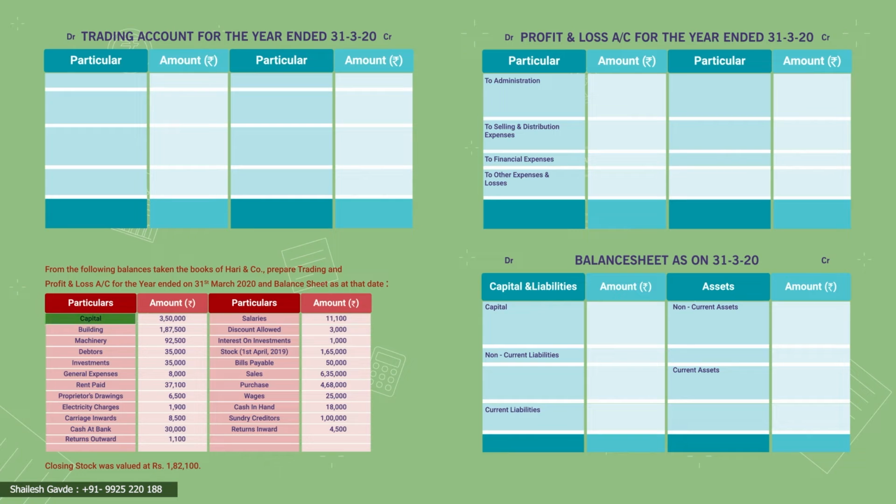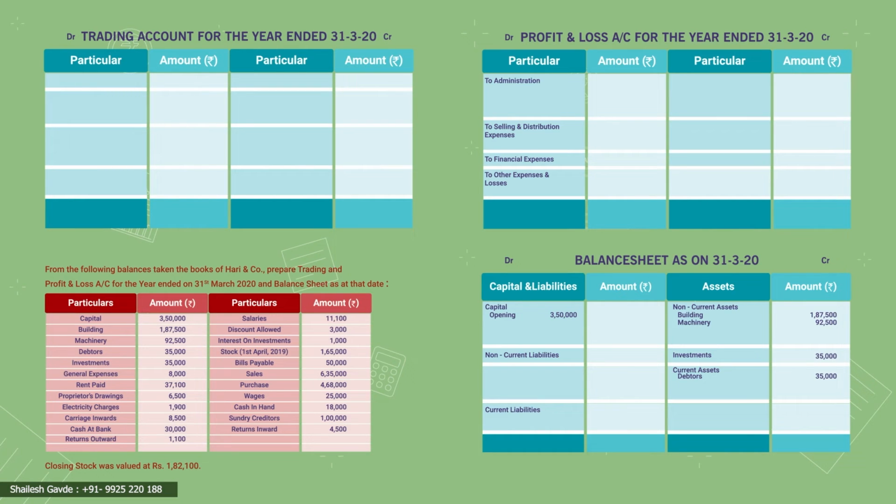The first item, capital. So in balance sheet, liability side, capital, below that opening 3,50,000. Building will show as a non-current asset, balance sheet asset side. Machinery, non-current asset, balance sheet asset side. Debtors, balance sheet, current assets. Investments, so below non-current assets and above current assets, on asset side, balance sheet will make a column of investments, outer column 35,000.